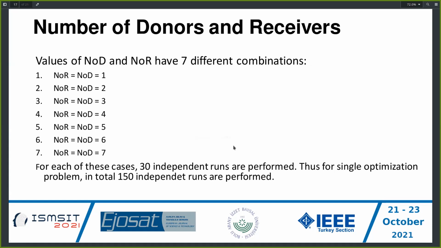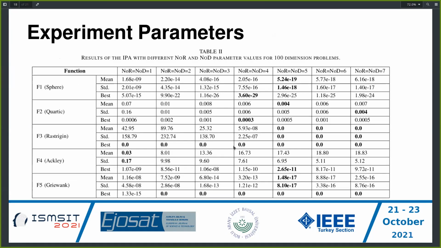For each of these runs, we recorded the overall best result, and also the mean and standard deviation of the function. In this table, we are showing the results of API done with different numbers of receivers and donors, for the 100-dimensional problems.